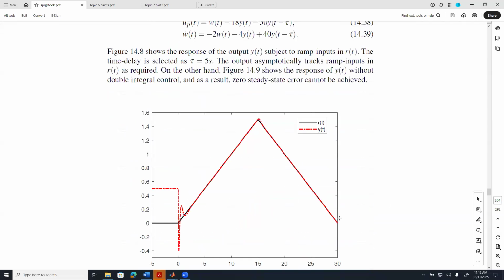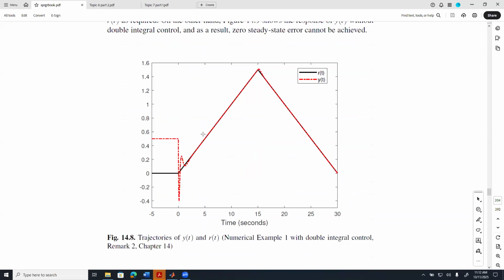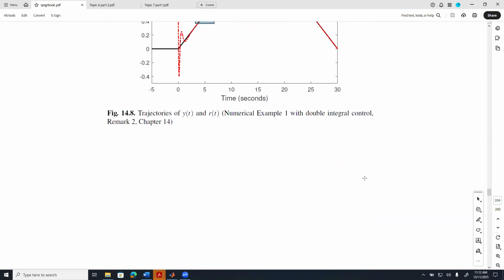And so we can see the simulation figure here now. Our scheme can also track ramp type signals, like ramp up, ramp down, which also asymptotically tracks this kind of command input.